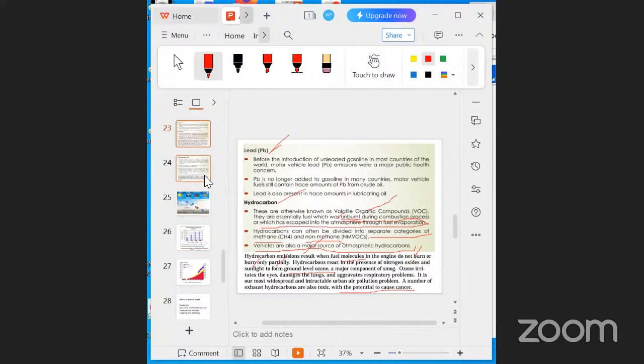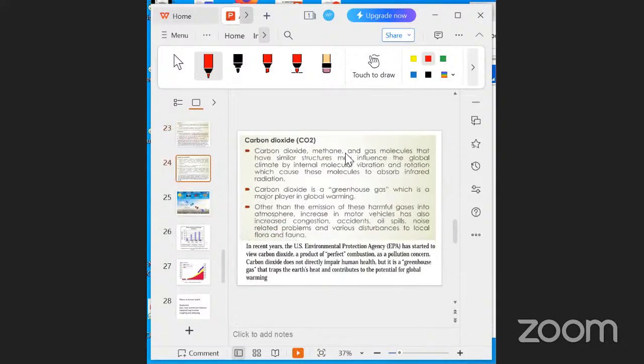These are the hydrocarbons, and lastly, carbon dioxide. Carbon dioxide is increasing in the atmosphere due to the combustion process, involved in the burning of oil, coal, and gas.